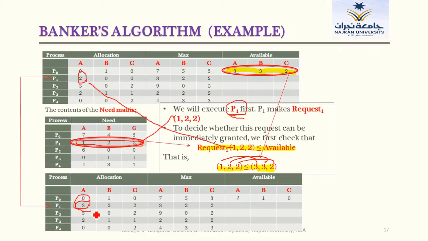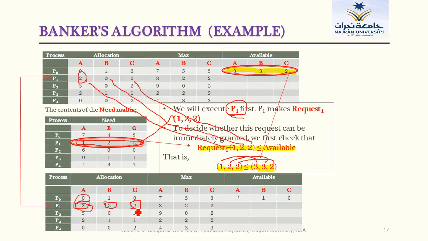So this will be 3 instances of A. Same thing with B: he requested 2, and already he has 0 instances, so 0 plus 2 means it will be 2 instances of B. Then he is requesting 2 instances of resource type C, and currently he has 0 instances, so we will assign these resources and add this into the allocation matrix. 0 plus 2 will become 2.